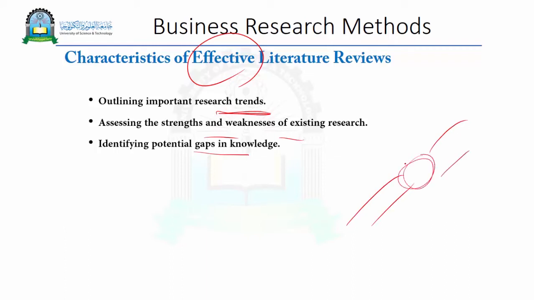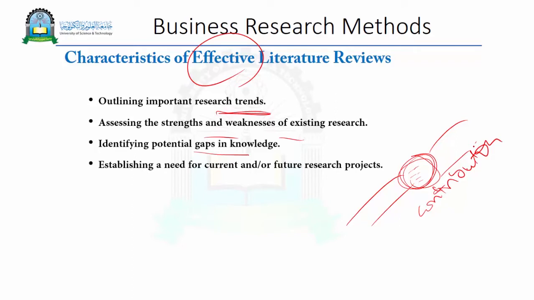This gap, for example, is an area nobody has done research in, so you are going to be doing this research, and it is related to what we call the contribution of the researcher. Establishing a need for current and future research projects is also a characteristic of the literature review.